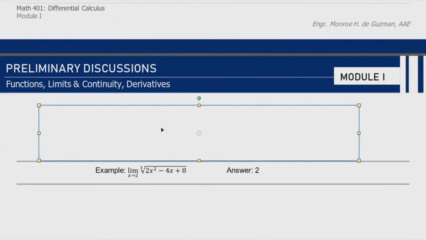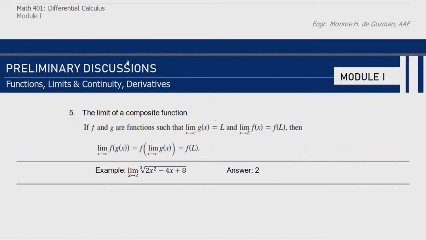Okay, and then let's try having some more of these properties. The limit of a composite function. So if f and g are functions such that the limit of g of x is equal to L and the limit of f of x is equal to f of L, then the limit should be given like this, as you can see here, and then the answer should be f of L.